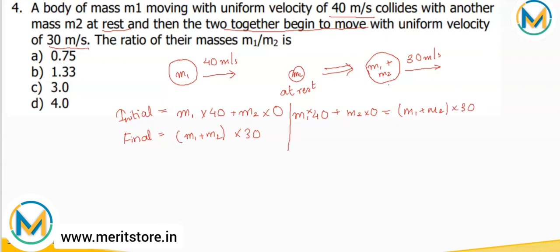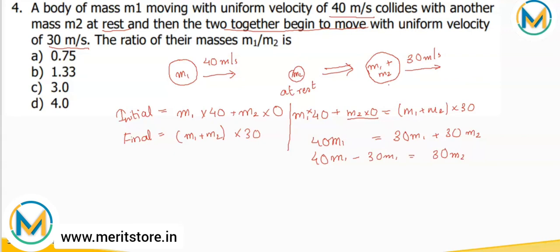Now we need to solve it. m2 into 0 will become 0, so this side we have only 40 m1, and this side we have 30 m1 plus 30 m2. We'll take m1 on this side, so it becomes 40 m1 minus 30 m1, which is equal to 30 m2.